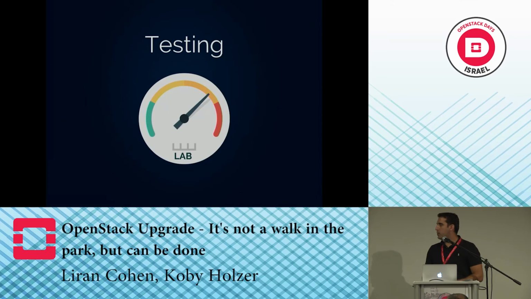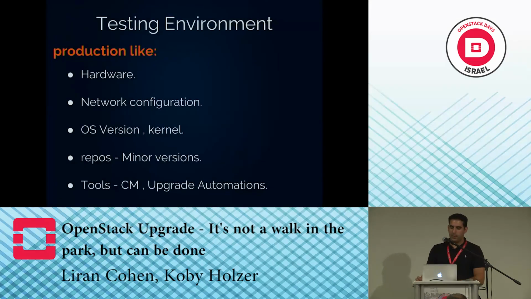So moving to the next phase of the upgrade, which is the testing. When we have a working upgrade plan, we can go ahead and test it in the lab. What we will need for the lab is a production-like lab. We will do our best to take the same hardware.